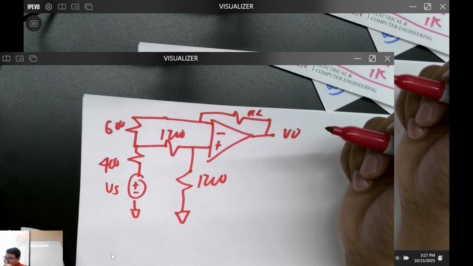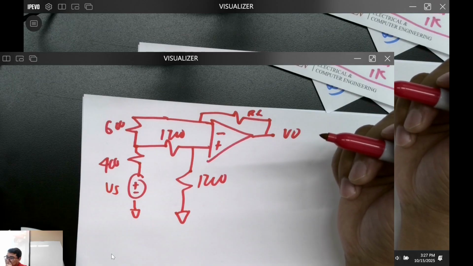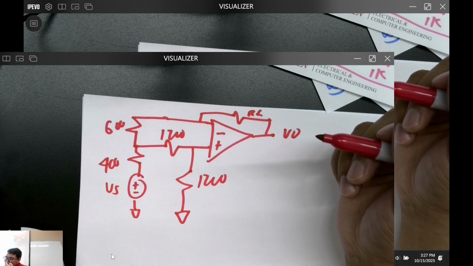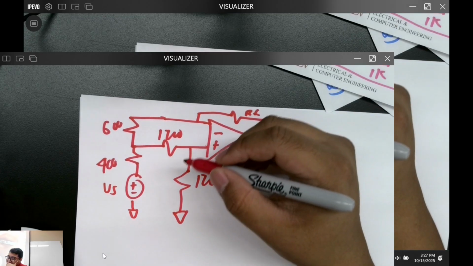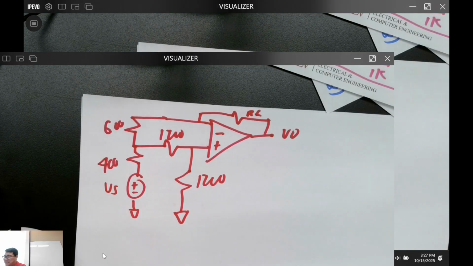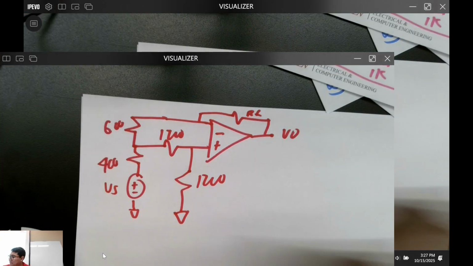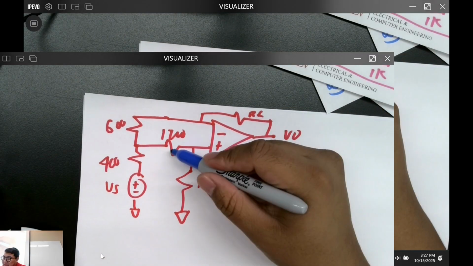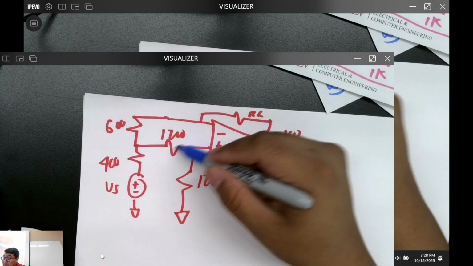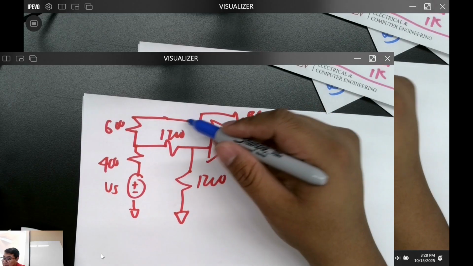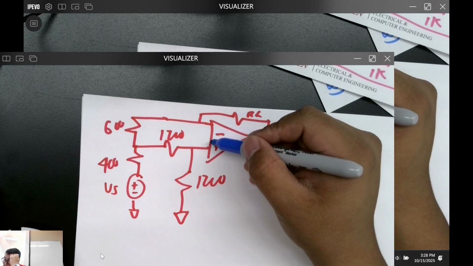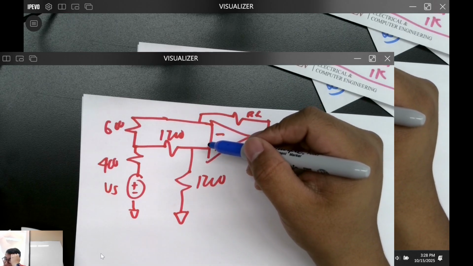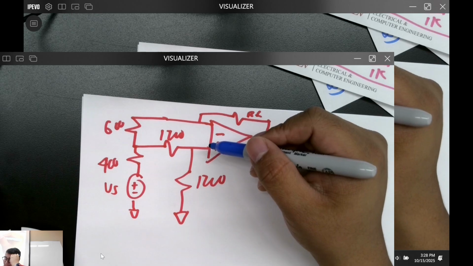Let's see. How do I make this simple? Well, first off, how should I solve this circuit without making it too complicated? I do have this resistor right here. This is V plus, V minus. How do I want to solve this?